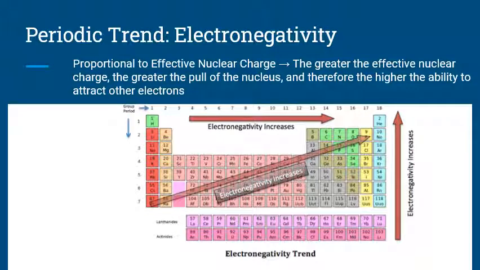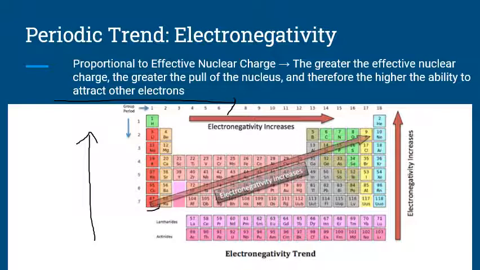Just like our last two trends though, this does follow the effective nuclear charge trend as well. So it's going to increase as we move up the periodic table and as we move right across the periodic table. And we can see this as a measure again of how strongly those electrons are going to be attracted to that specific atom.